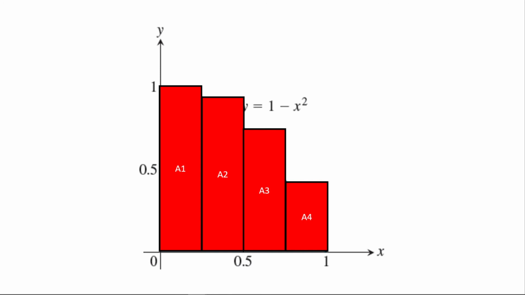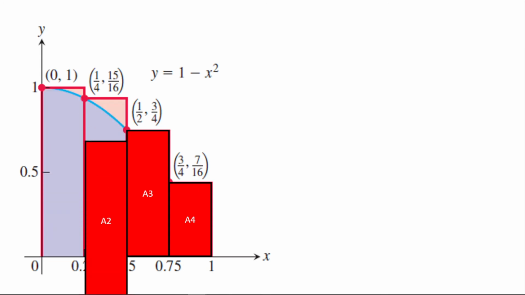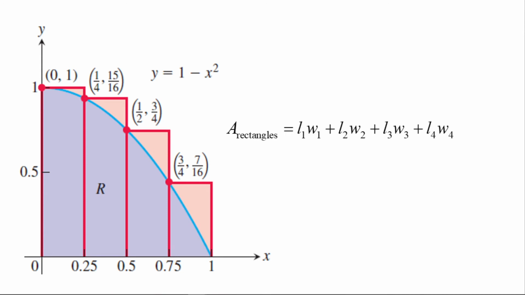By following the same procedure and simply adding the total areas of the rectangles, we have a height of 1, substituting the value of 0 to 1 minus x squared. Substituting 0.25 to 1 minus x squared, we have 15 over 16. Substituting 0.5, we have 3/4. And substituting the value of 0.75, we have 7 over 16.